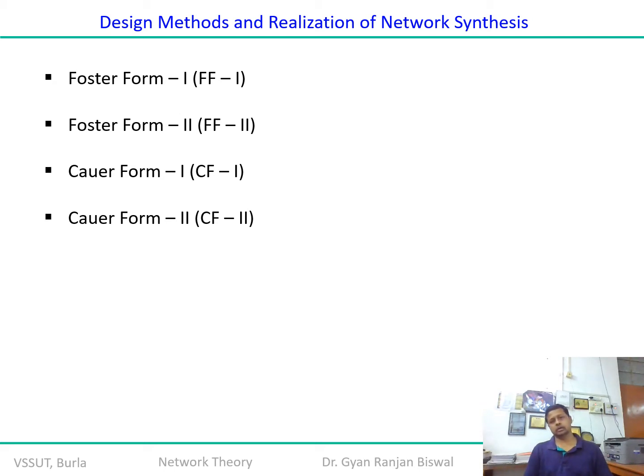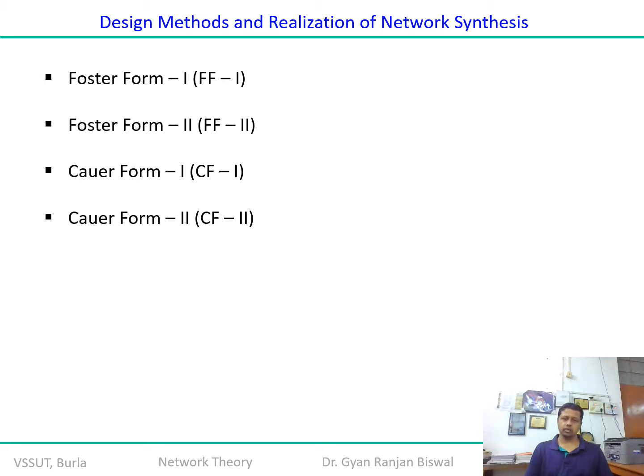Both scientists, Foster and Cauer, have given two forms of realization for easiness, so that you can establish a duality property between the RL impedance function and the RC admittance function, or the RC impedance function and the RL admittance function. These are known as Foster form 1 and Foster form 2. In short, we will recognize them as FF1 and FF2.